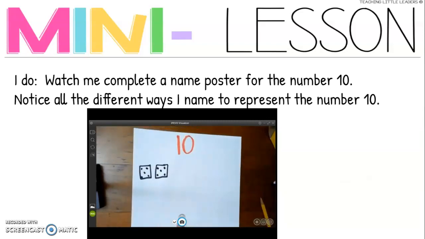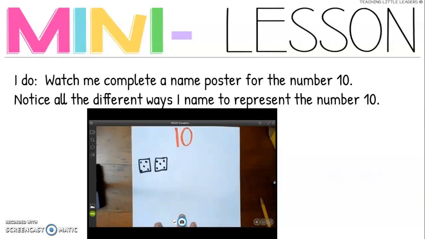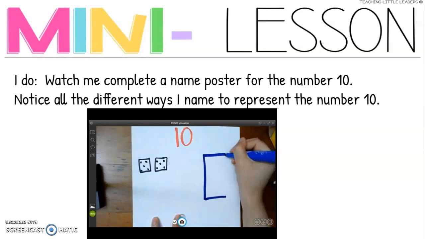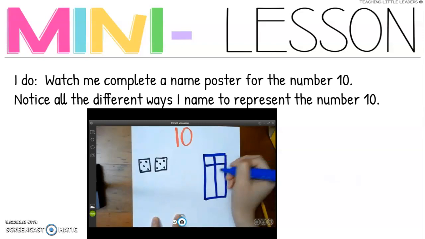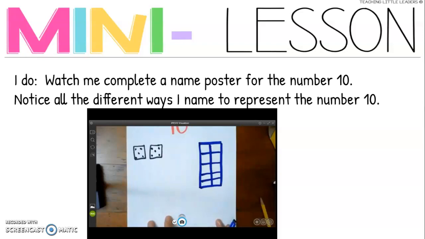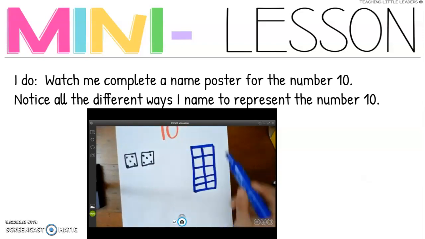Another way that is coming to mind is on a 10 frame. So I'm going to draw a 10 frame now, boys and girls. Alright, so let's check my 10 frame and make sure that it has 10 boxes. 1, 2, 3, 4, 5, 6, 7, 8, 9, 10.